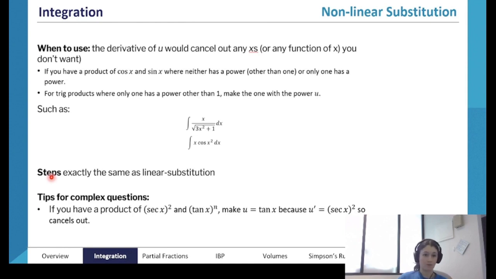But the key difference between linear and non-linear substitution is you need to pick which function you're going to substitute, or which function you're going to let equal u. The function you let equal u has to be the one that the derivative of would cancel out the unwanted function. Remember, the other function we don't want because it stops us from integrating.